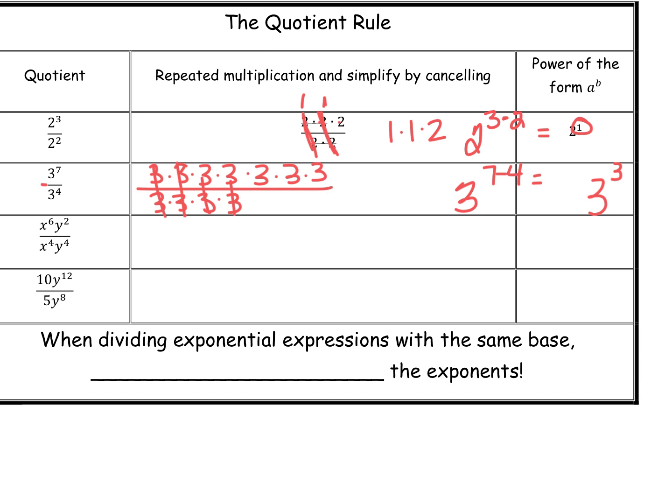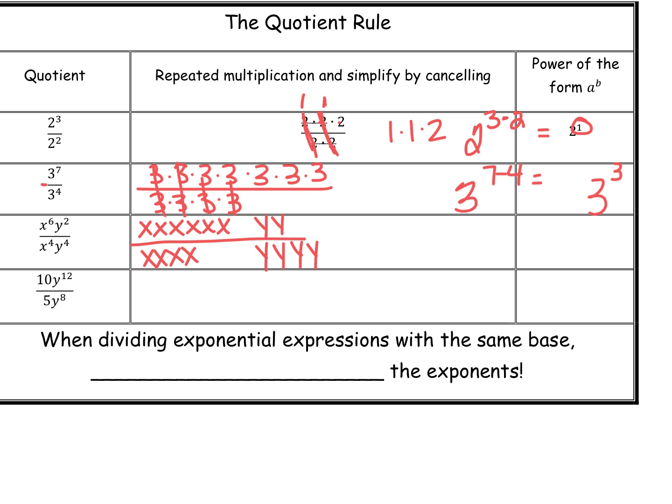We can do the same thing with letters. Some people have trouble with that because they're used to regular numbers, but we can do the same thing with the letters. So I have x to the 6, so that's 6 x's. Y squared is 2 y's. I'm going to leave a little space in case I have extra on the bottom. And then I have 4 x's on the bottom, and I have 4 y's on the bottom.